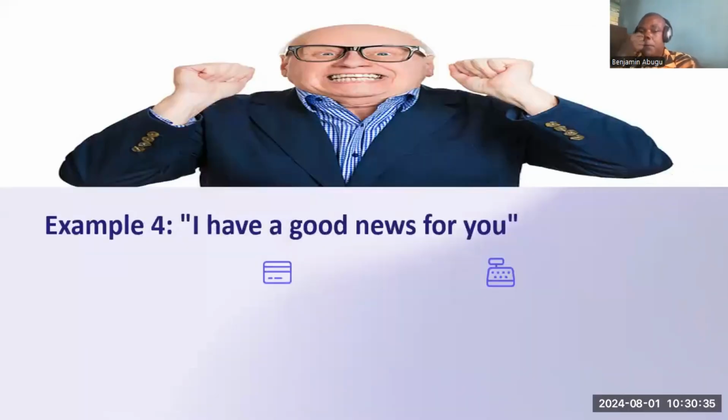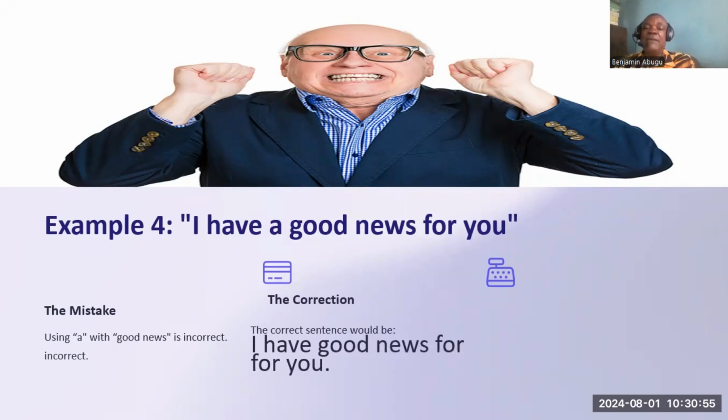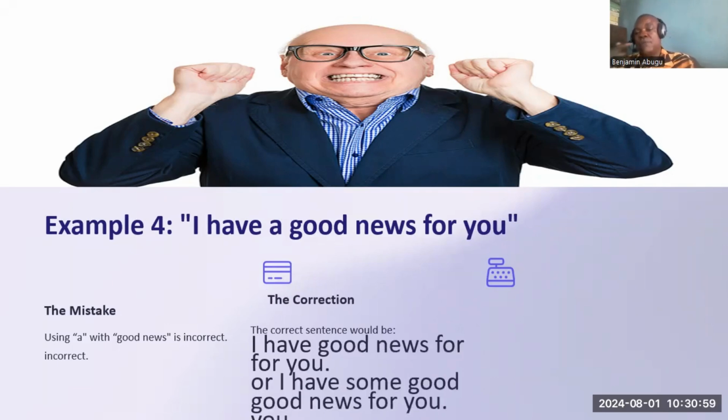Example 4, I have a good news for you. Now the mistake is you cannot use a with good news. It is incorrect. Why is it incorrect? We are going to see it. Now, the correct sentence would be, I have good news for you, or I have some good news for you.